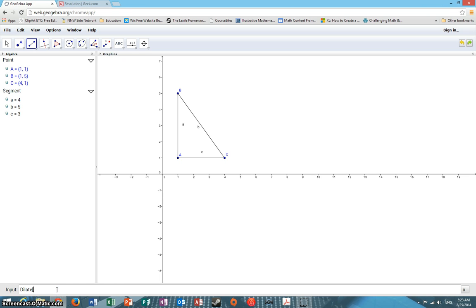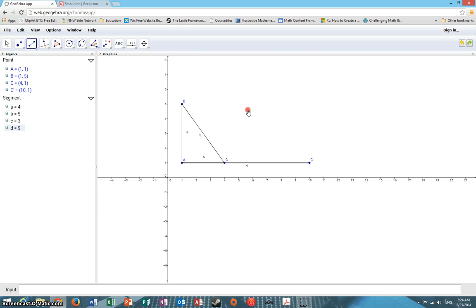You can just do dilate, and I'm going to dilate this point C by a factor of 3, around my point 1, 1, which is A. Boom, there you go. C has been dilated. It is now C prime. And if I make a segment from A to C prime, we see our new segment D has a length of 9, which is that scale of 3 that we wanted.